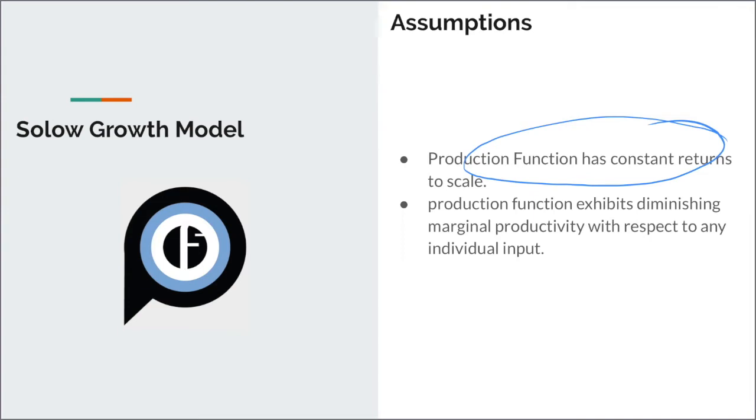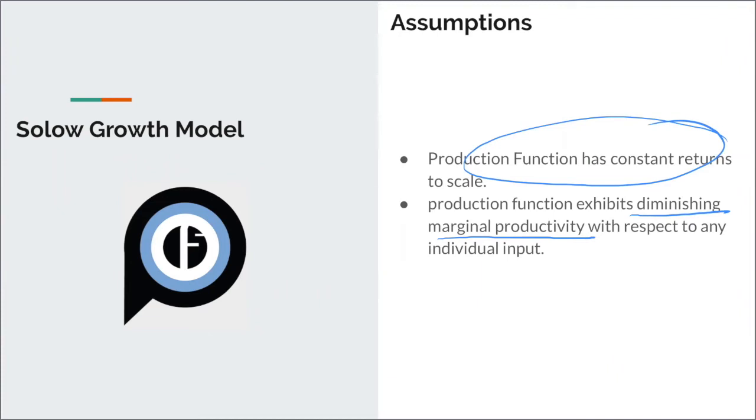The second assumption says that the production function exhibits diminishing marginal productivity with respect to an individual input. This means if I increase capital per unit of labor, then capital becomes less productive, because the extra amount of capital produces less and less output.